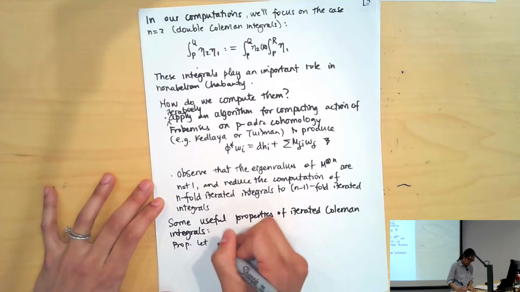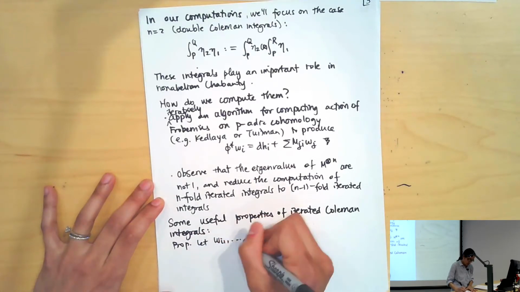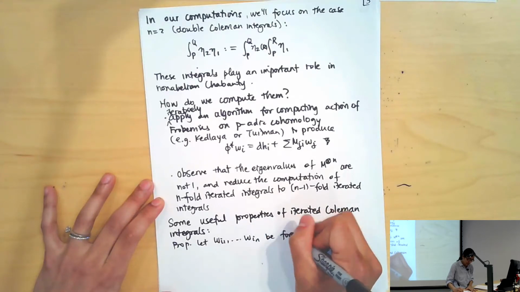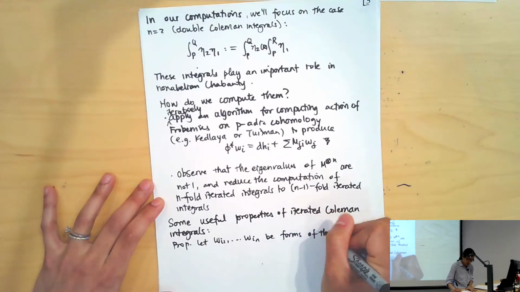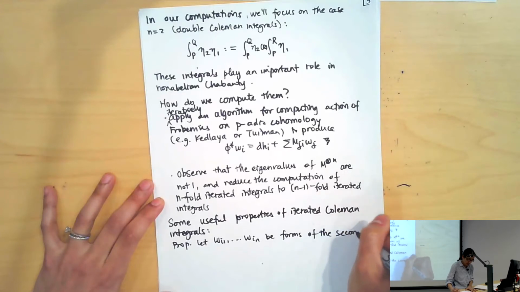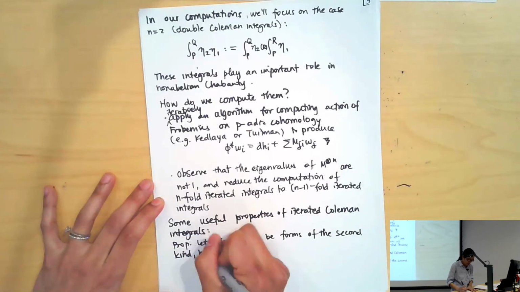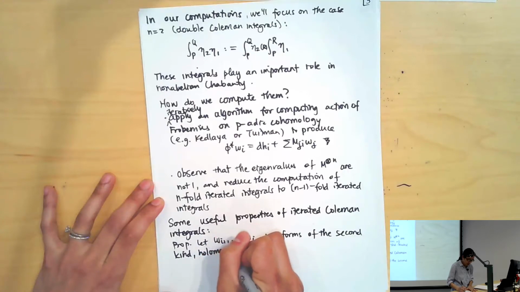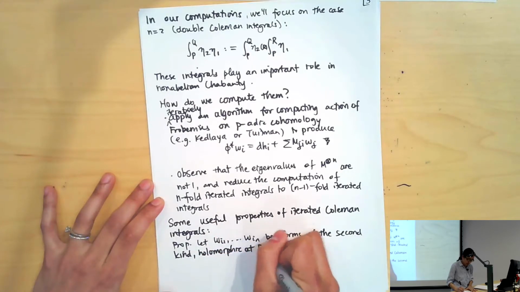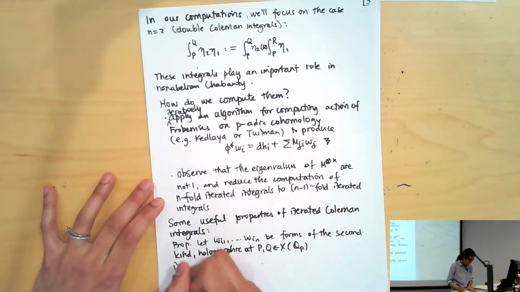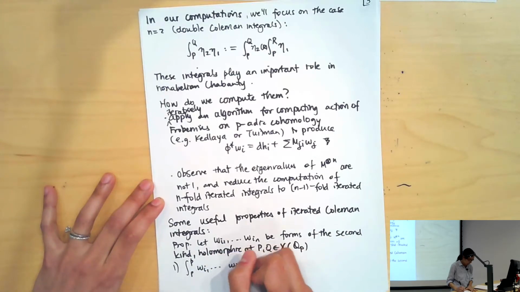I'll let omega I1 through In be forms of the second kind, but just to keep things simple, I'll require them to be holomorphic at the endpoints. And so the first thing is that if I integrate from P to itself, this is still 0.